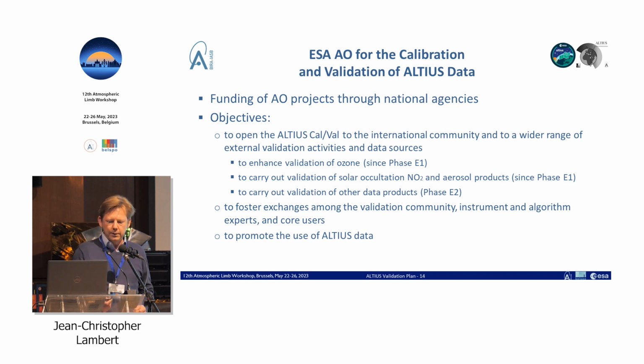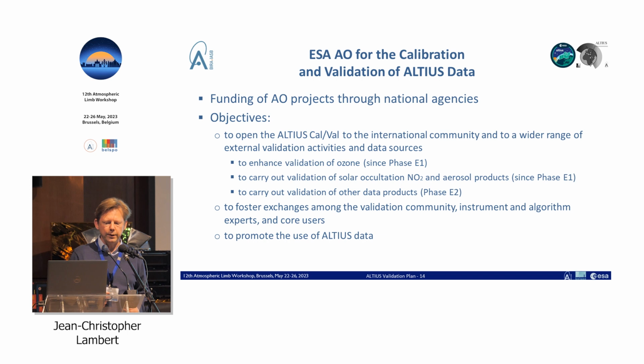The objective of this AO call is to open the ALTIUS CalVal to the international community, to a wider range of validation activities and data sources, to enhance the validation of ozone already covered by the core team, but with additional data source methods, in-depth, very rigorous studies already during phase 1.